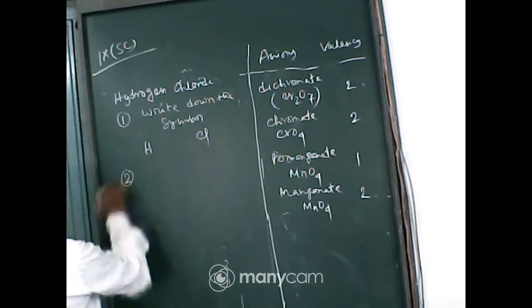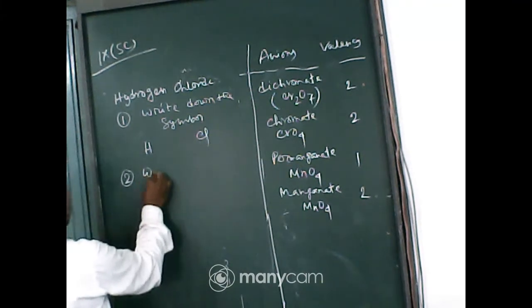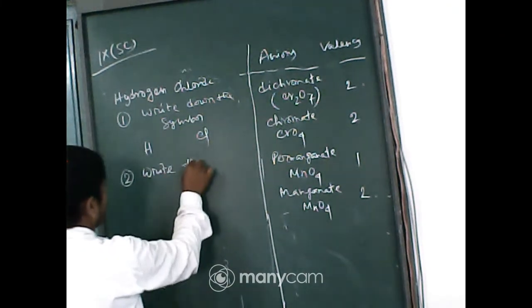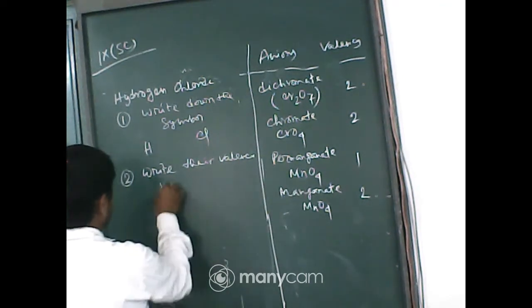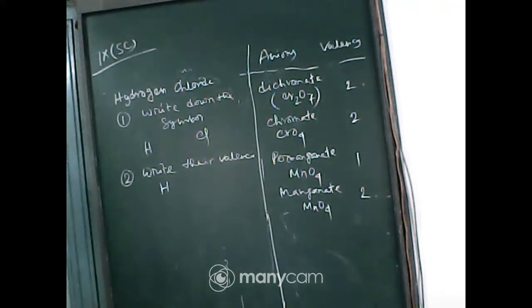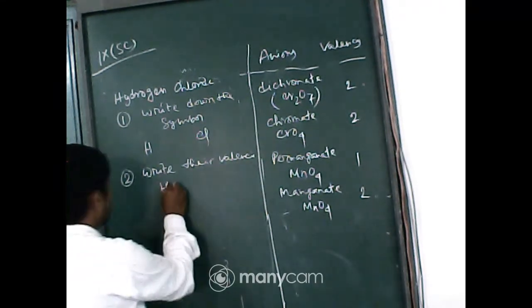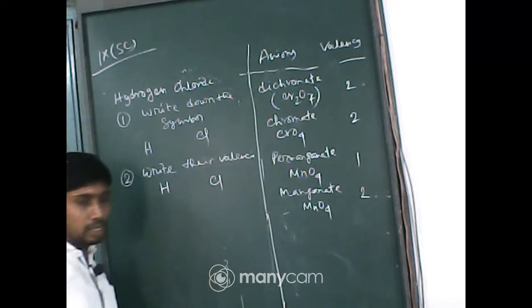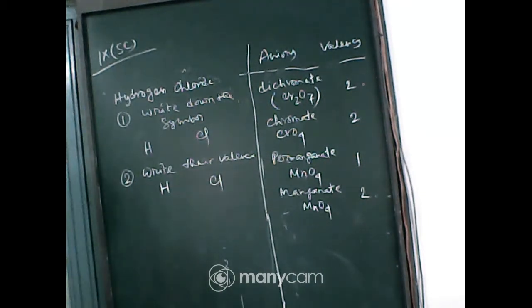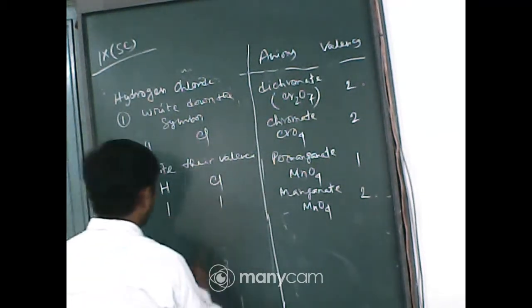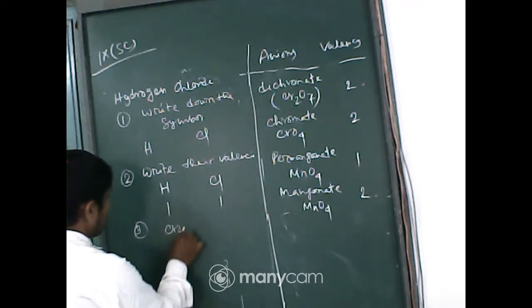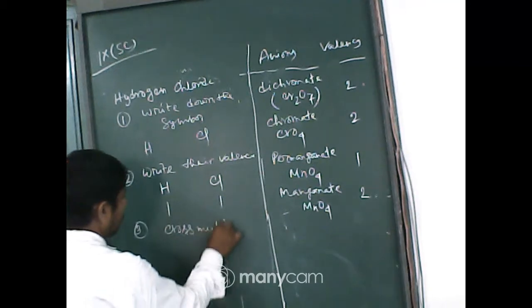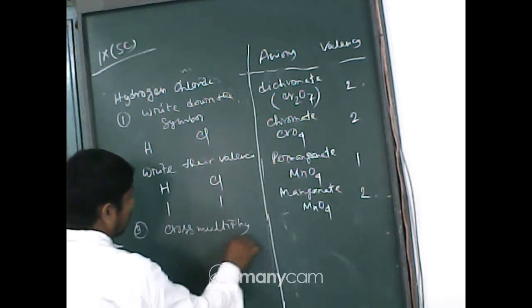Number 2, write their valencies. What is the valency of hydrogen? And what is the valency of chlorine? 1, yes. So 1 and 1. Number 3, cross multiply them.